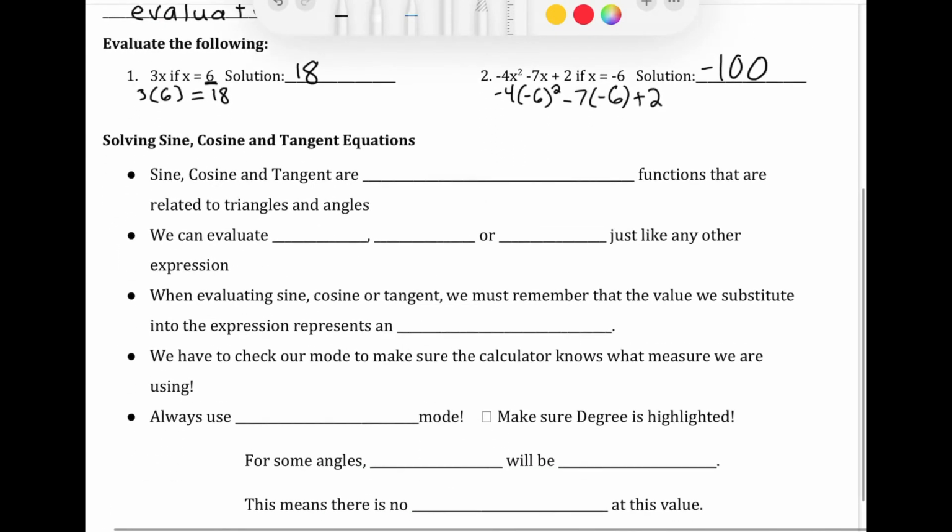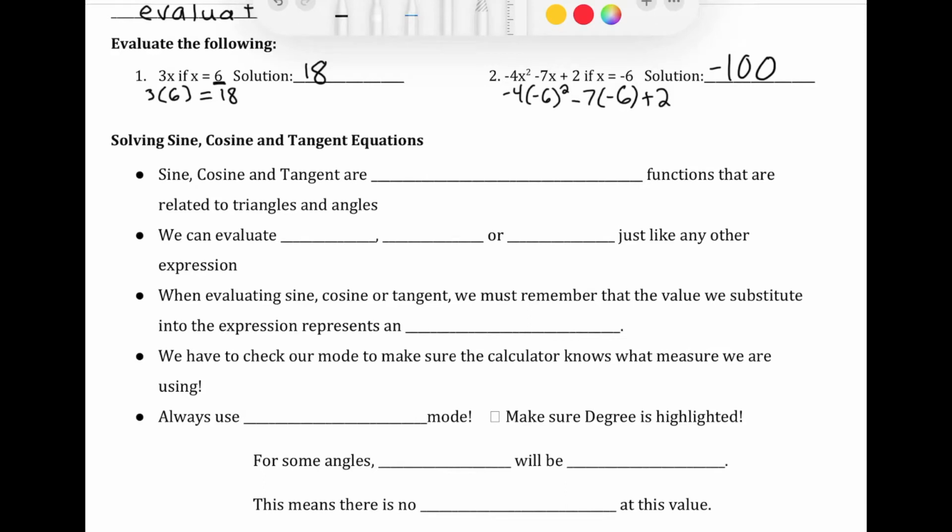So solving sine, cosine, and tangent equations is going to be similar to solving expressions like we just did. Sine, cosine, and tangent are trigonometry functions. You can just put trig or you can put the whole word. They are functions that are related to triangles and angles.